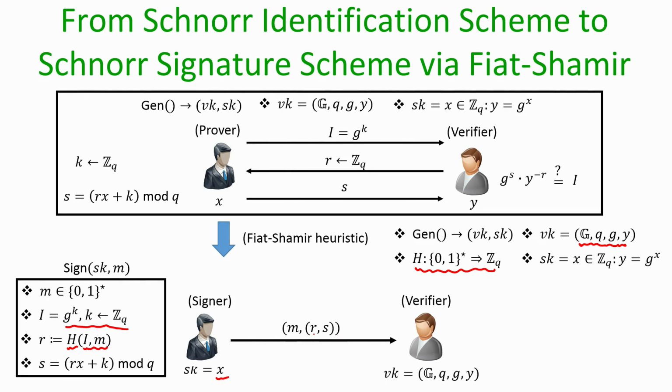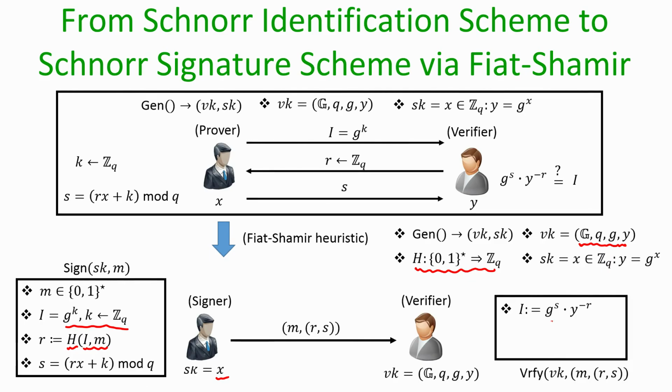To verify the signature, the verifier has to generate the commitment I. So, to generate the commitment I, it computes g to the power s times y to the power minus r, and whatever comes out, that is treated as the commitment of the signer for the underlying Schnorr identification scheme, and then the verifier generates the challenge which this computed commitment and the message which the signer is sending would have produced.